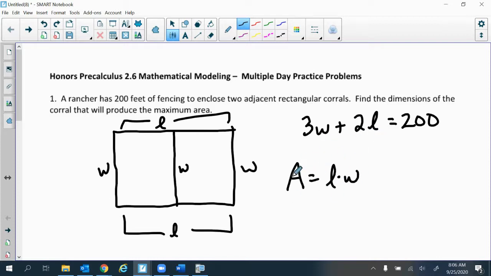So in order to get this into something that's easier to graph, I'm going to solve for one of the variables.